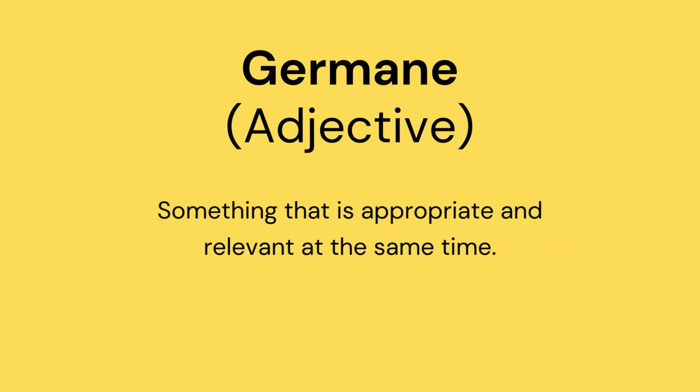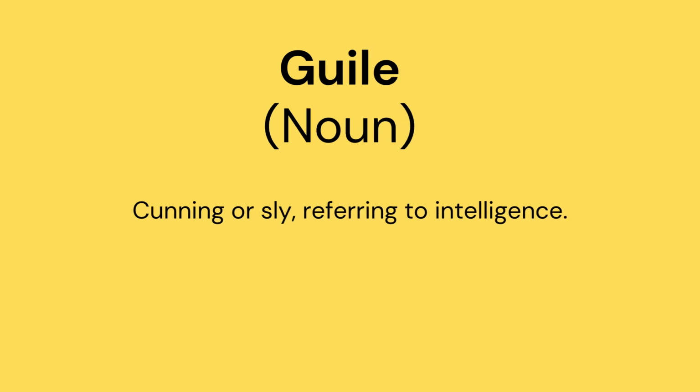Germane is an adjective and it means something that is appropriate and relevant at the same time. Guile is a noun and it refers to someone who is cunning or sly. It refers to intelligence.